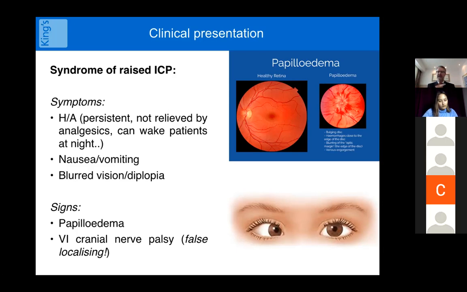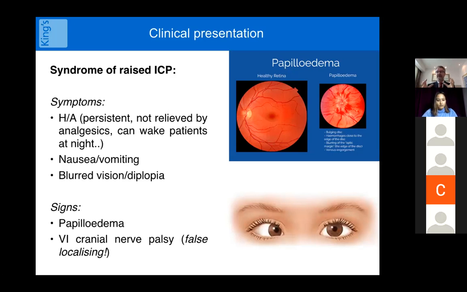But when the headache is persistent, not relieved by analgesics, can wake patients at night, and characteristically is accompanied by other symptoms such as nausea and vomiting, or blurred vision and diplopia, these raise the suspicion of mounting pressure inside the brain, so raised intracranial pressure.